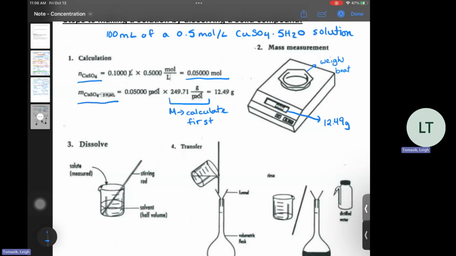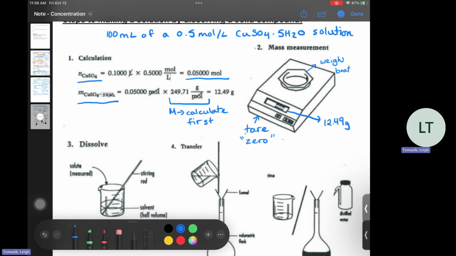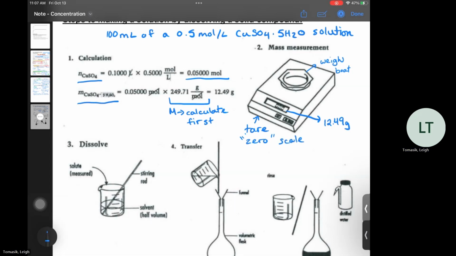We would need to tare this first, or another word for tare is zero, the scale. Zero the scale first, just like you use a scale at home, maybe in your kitchen for cooking or in your bathroom for monitoring your weight. You know that scale has to read 0 before you put anything on it. Otherwise, you won't get a good measurement.